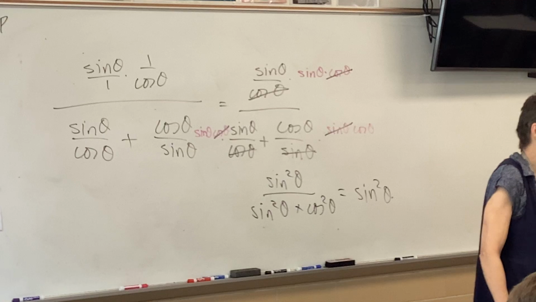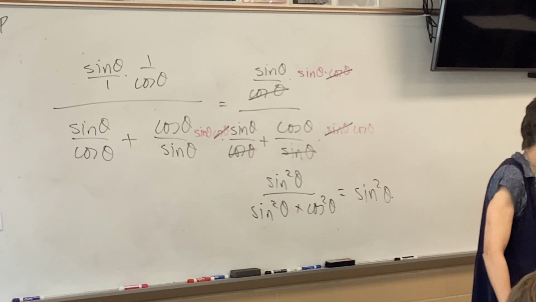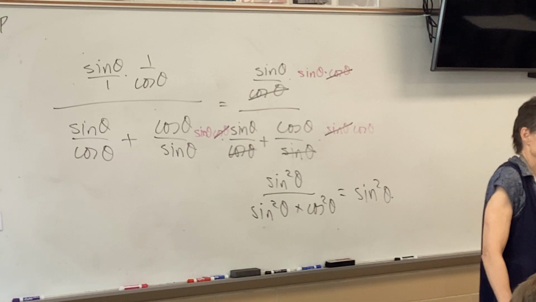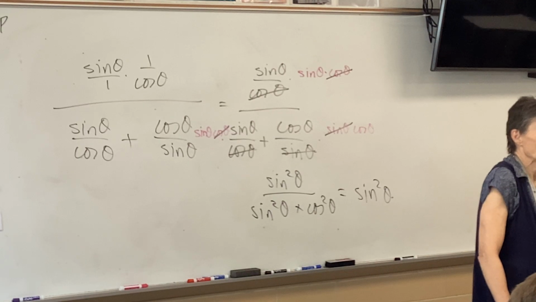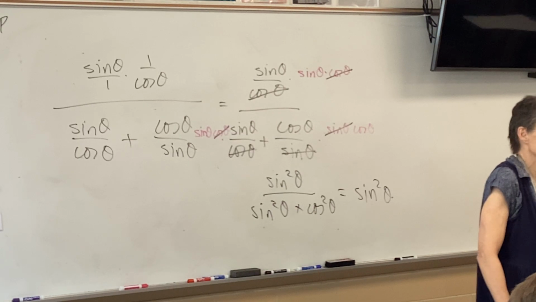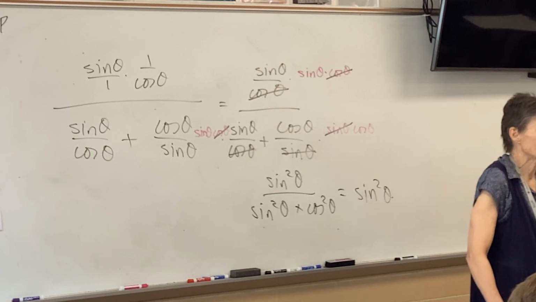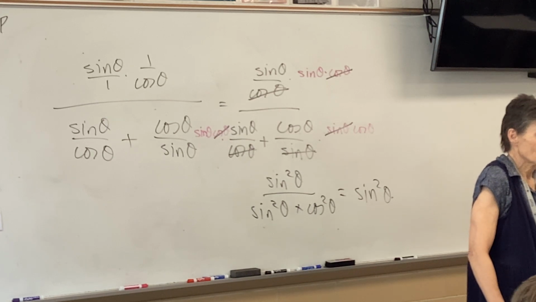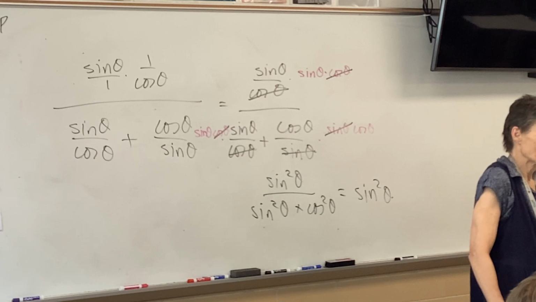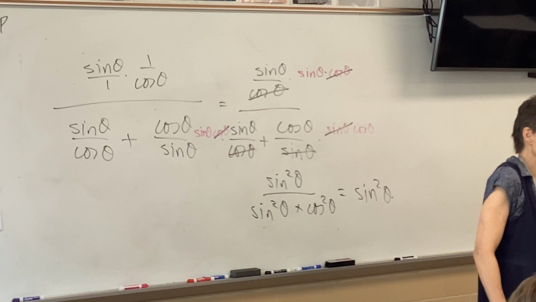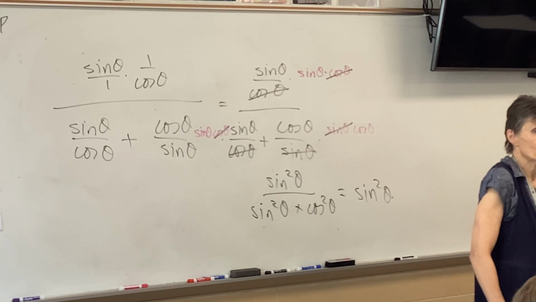Sine cosine minus cosine sine, sine 43. What's C? Cosine 70. Cosine cosine plus sine sine is cosine of u minus v. So cosine 70.